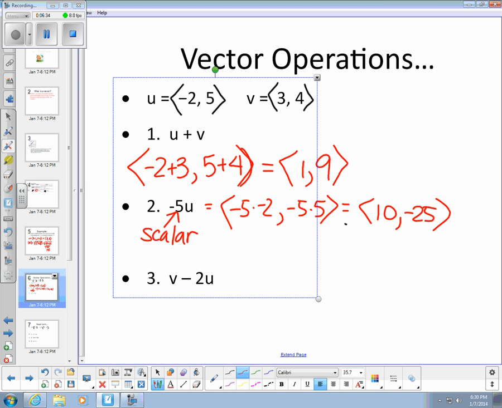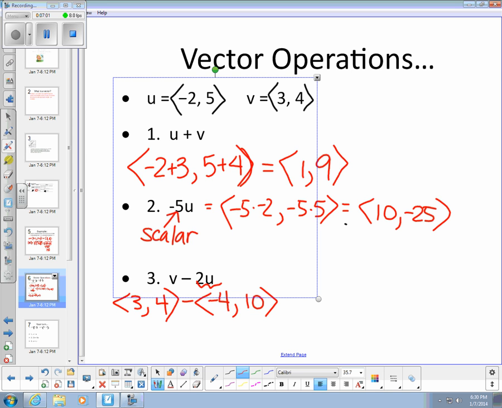Now number 3, we've got two different things going on. We've got subtraction and we've got a scalar to multiply by. So let's do the scalar first, 2 times u. If I do 2 times the components for u, 2 times -2 is -4, 2 times 5 is 10, and then I'm going to subtract that from vector v, which has components of 3, 4.